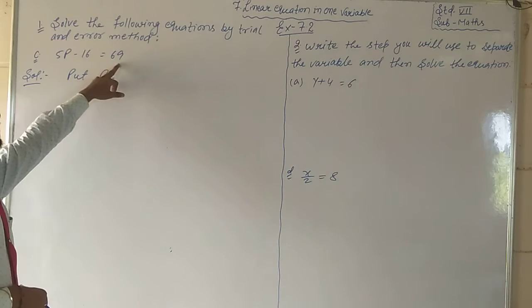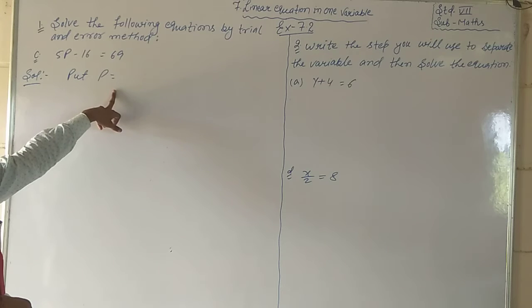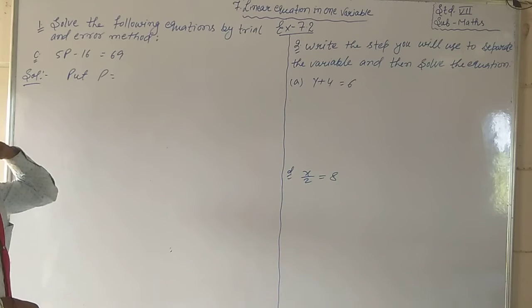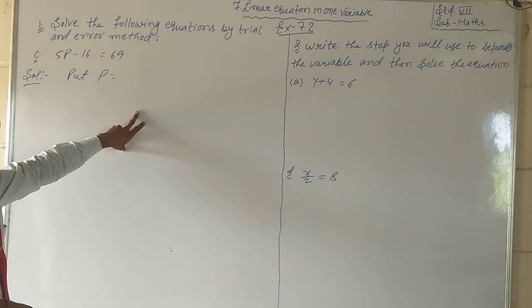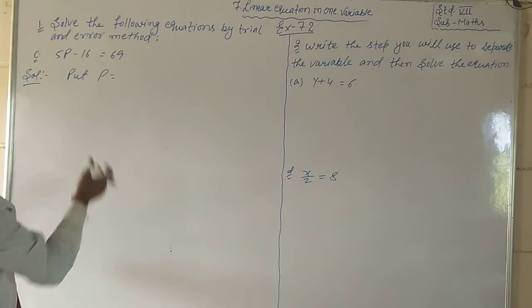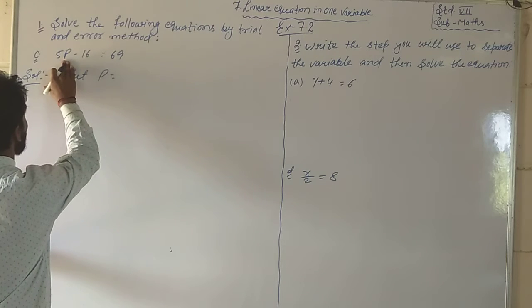This 85 and this 5 will come in division. Are you getting my points? 85 divided by 5, what will it be? 17. It means anyhow we have to put p is equal to 17.